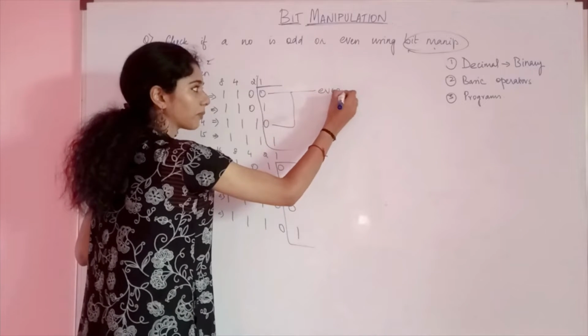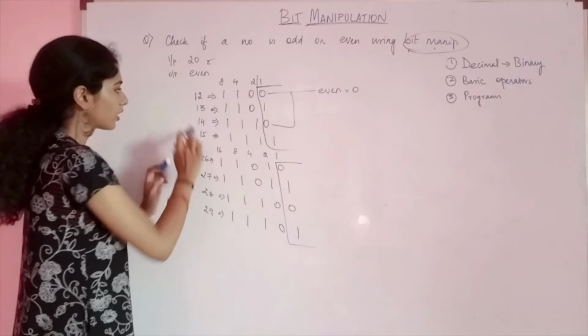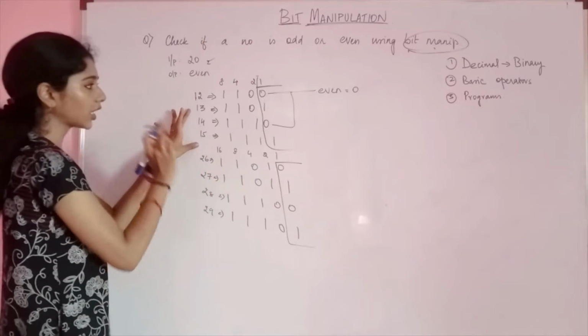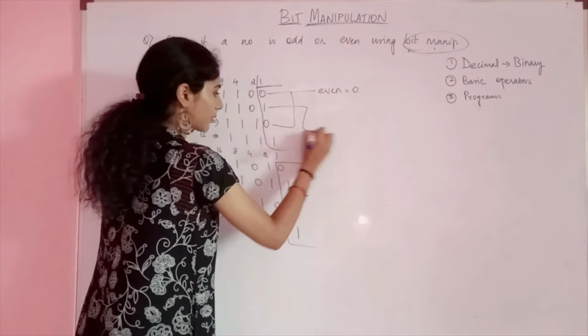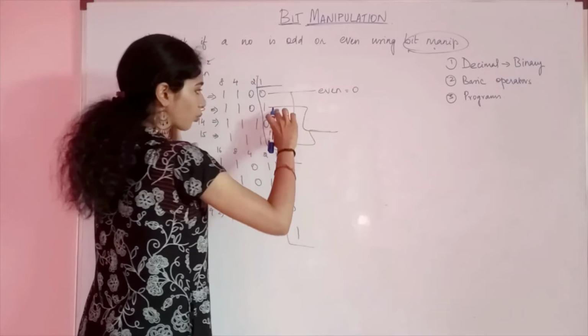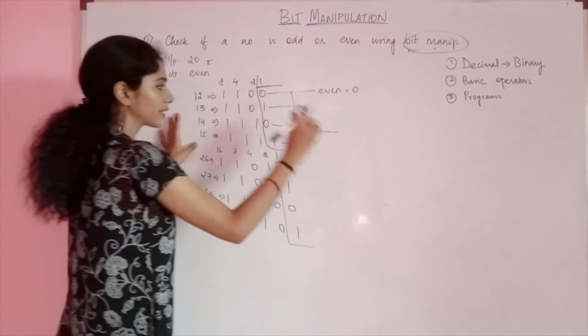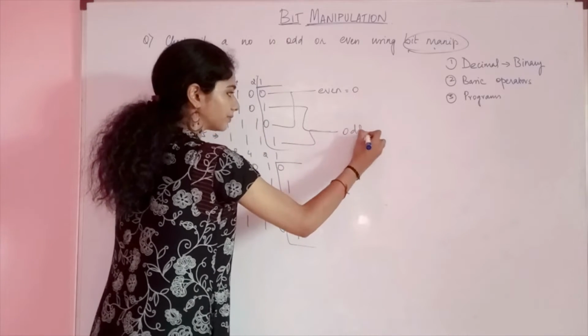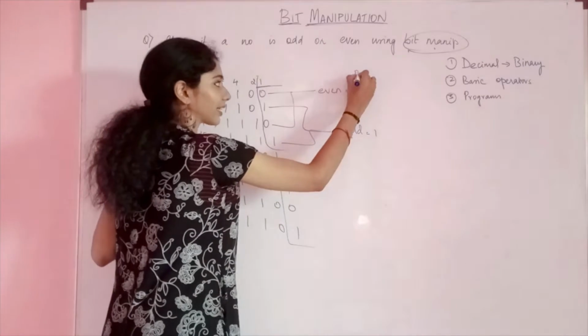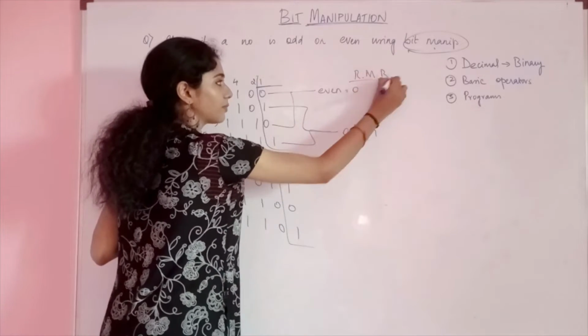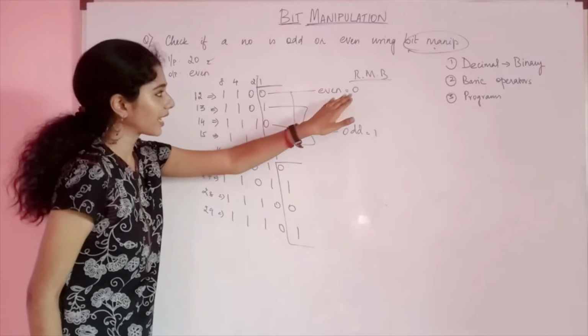So for even numbers it is 0, can I tell that? Similarly 13 and 15 are odd numbers, and looking at the rightmost bit, it is 1. So if the rightmost bit is 1, it is odd. If the rightmost bit is 0, then it's even.